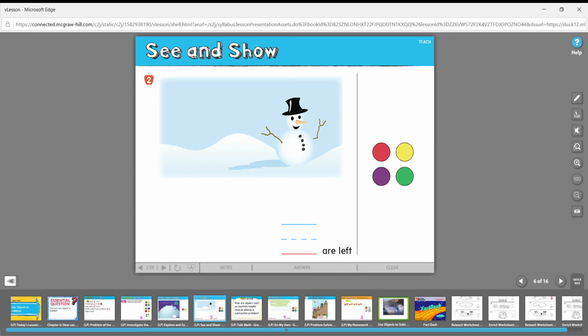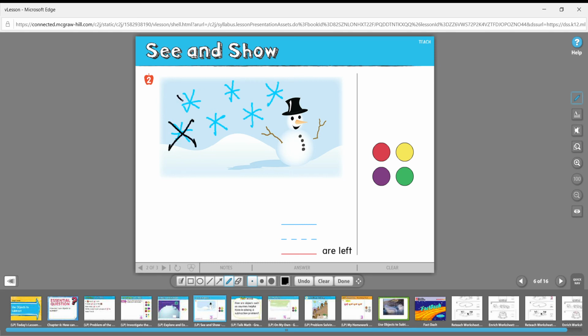You could even draw your own snowflakes, right? 1, 2, 3, 4, 5, 6 snowflakes. 3 snowflakes melted. So we have to cross out 3 of them. 1, 2, 3. How many snowflakes are left? 1, 2, 3 snowflakes are left. So write a 3. 3 are left. So this is how you are going to complete these. So let's clear that.